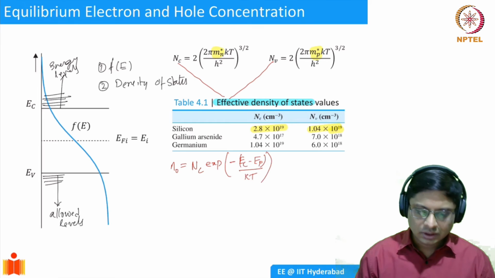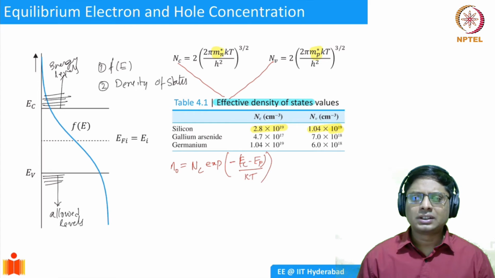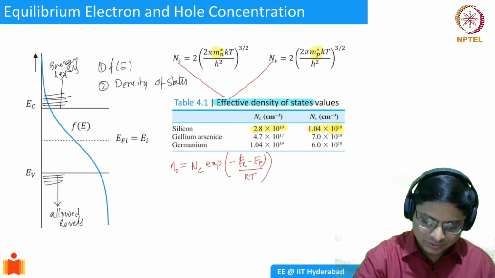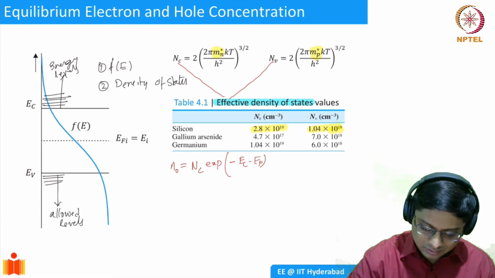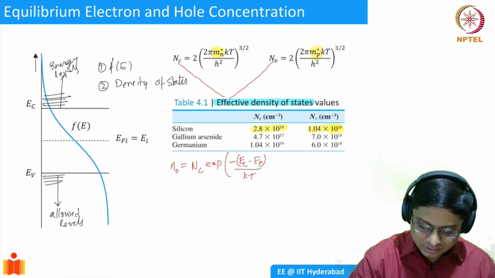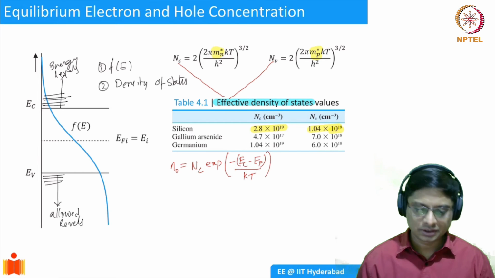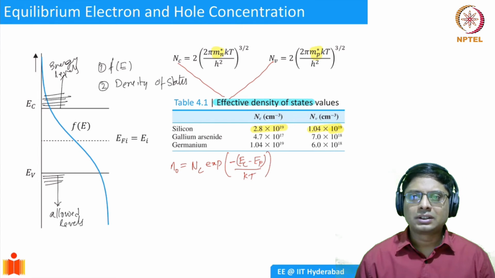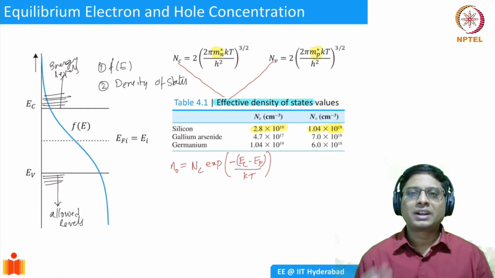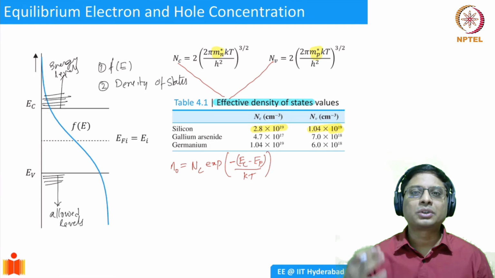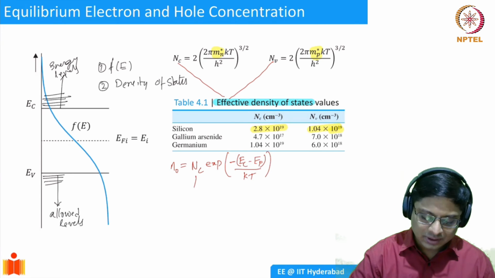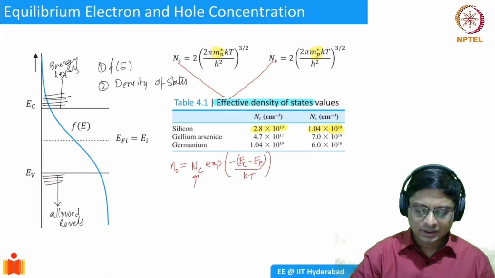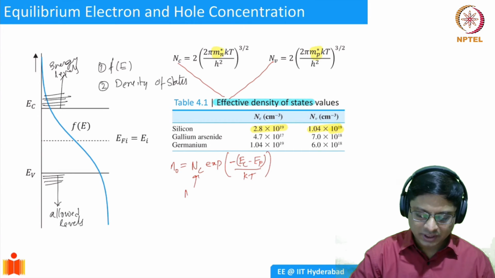Many times I find that students tend to get confused with the sign in the exponential here. Let me tell you how I remember it. The number of electrons is definitely going to be some fraction of the total number of states available, and the number of states available is basically NC.